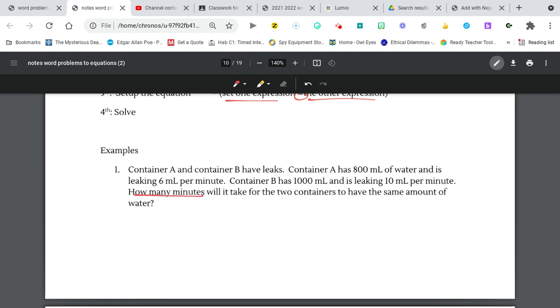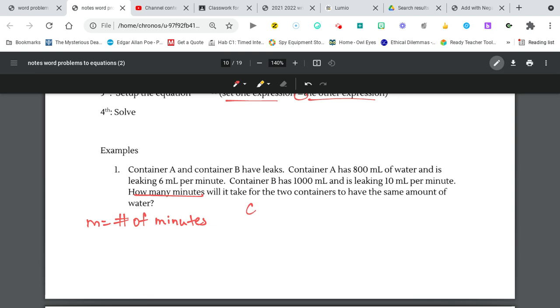So my variable is going to represent the number of minutes. All right, so let's go with M for number of minutes. But I want to know when container A is going to have the same amount of water as container B. So what I'm going to have to do is go up, look at my statement, and look for an expression for container A that involves my variable, and look for some expression for container B that would also contain my variable.